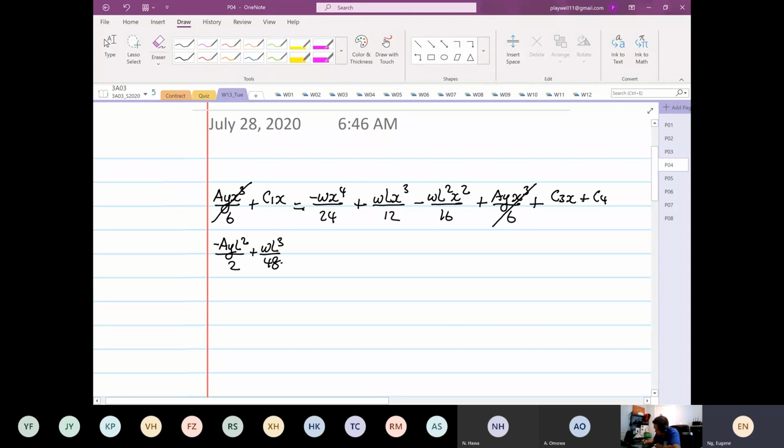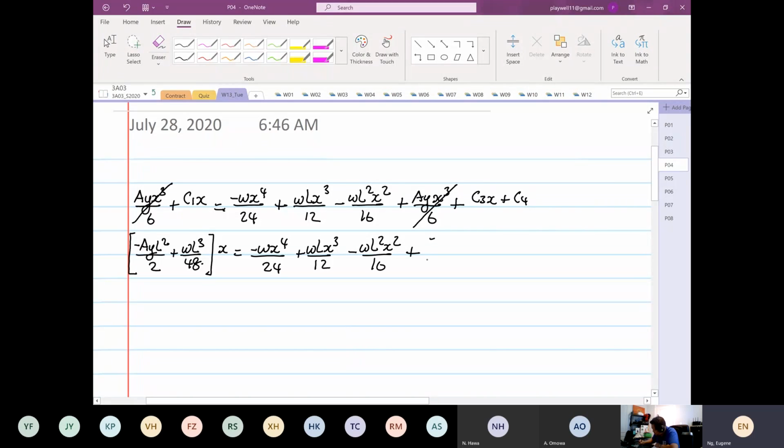That is our C1. Then you put a bracket. This is X, right? The rest of the term, just leave it first. Minus omega L squared X squared over 16 plus, so we're going to substitute our C3, right?